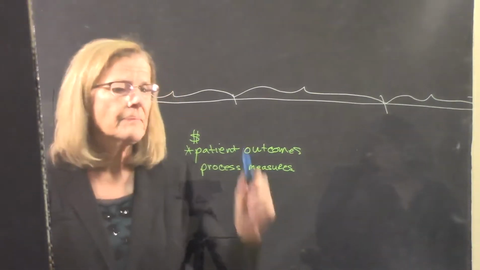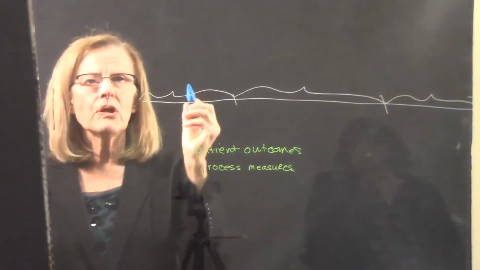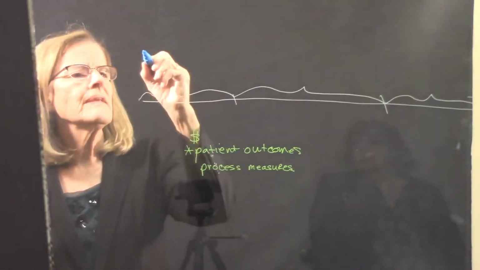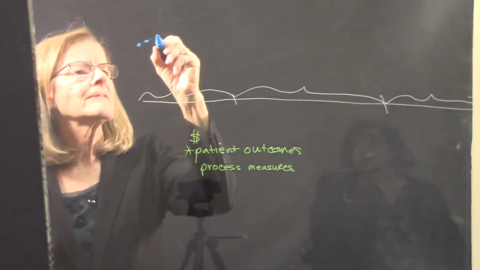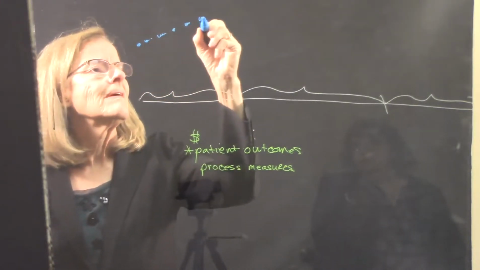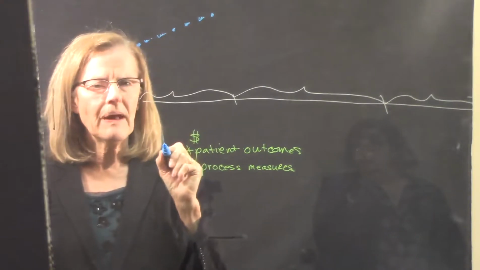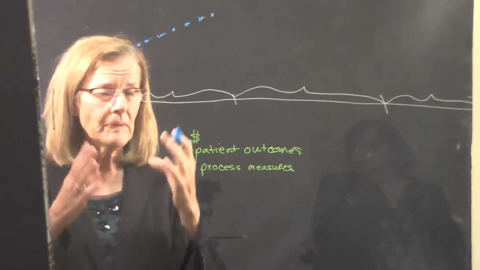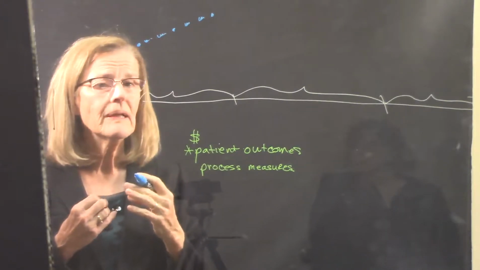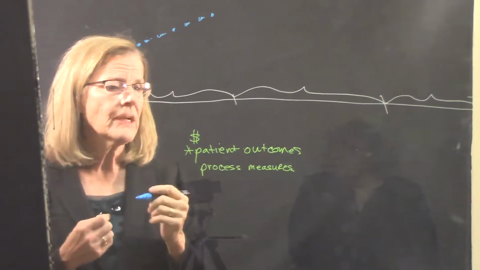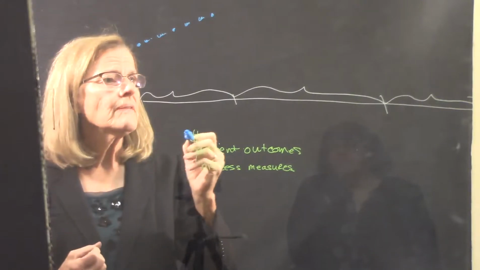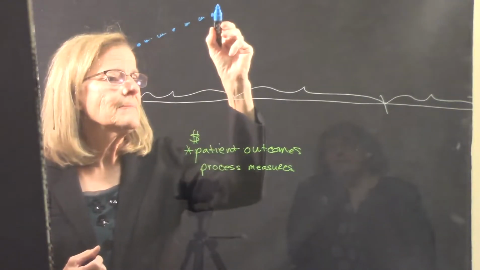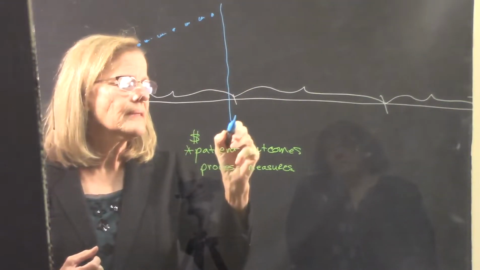Now when we think about the pre-data, maybe we're looking at the fall rate and we're seeing the fall rate is going up, and you're very worried about this, and so you decide that your evidence-based practice or quality improvement project, whichever kind you're doing, needs this intervention. When you start your intervention, that's an interesting process because we need to mark that time.